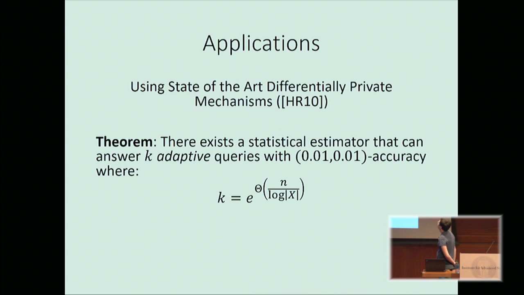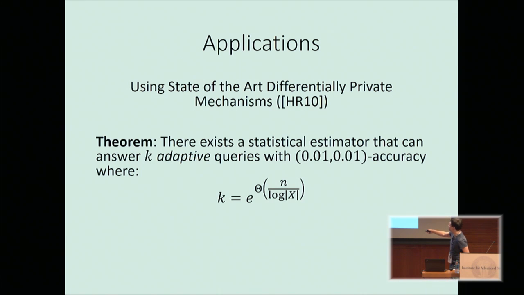If you take the state-of-the-art mechanisms for answering differentially private queries, here the one I'm taking is by Hart and Rothblum, and combine them with this transfer theorem, then you get the following statement. Okay, again, if I want 1% error 99% of the time, then there's actually a statistical estimator that will allow me to answer almost exponentially many queries in n.